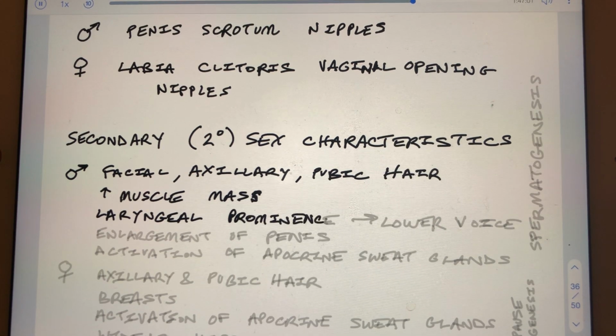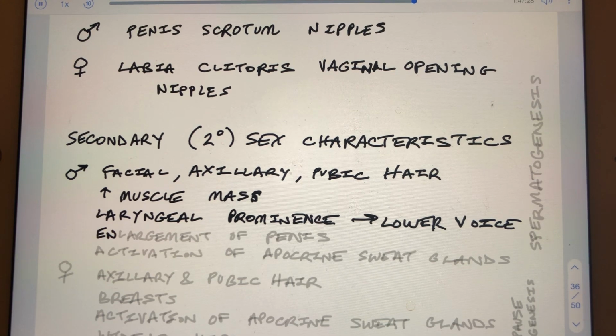The larynx becomes larger and beefier, and therefore stretches out the vocal cords and lowers the voice. The laryngeal prominence is also known as the Adam's apple. Okay.